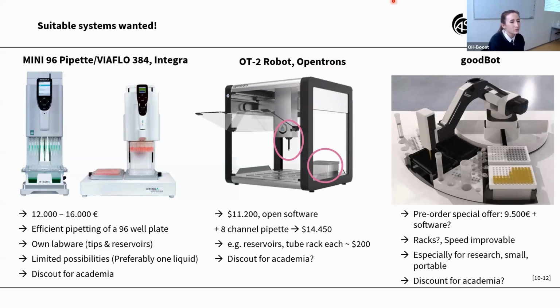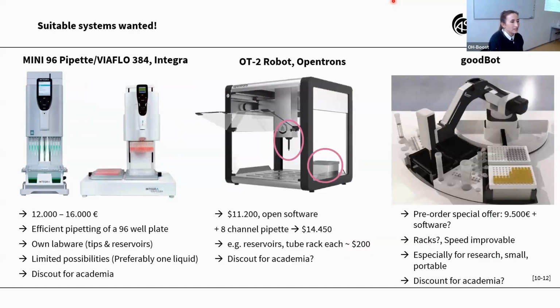They say they could improve regarding speed, but they developed it especially for research. It's small and portable, and it was not clear to me if there is a discount for academia. Also, the new price of this year was not placed on their homepage.